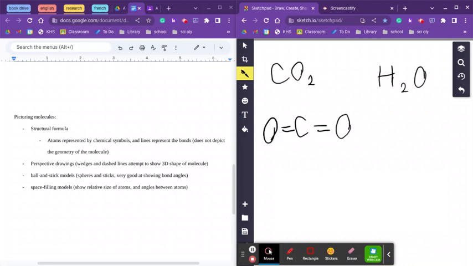It just shows the bonds between the atoms. It doesn't really give us much information, and doesn't show us the angles at all. Actually, we should probably draw the extra electrons, the valence electrons.